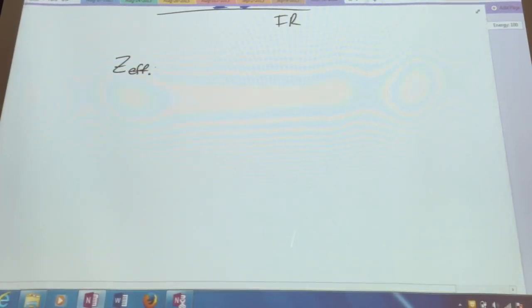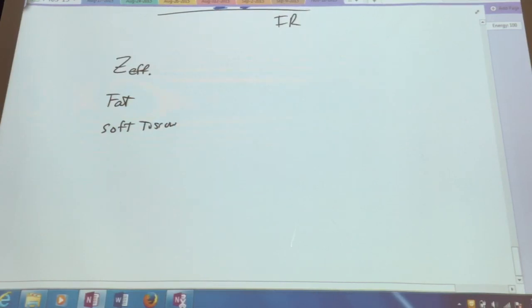We need Z effective. And we have 4 entities there. We've got fat, soft tissue, lung, and bone.